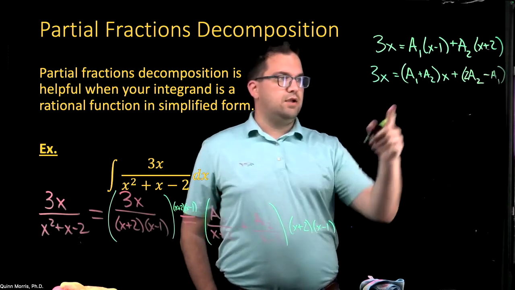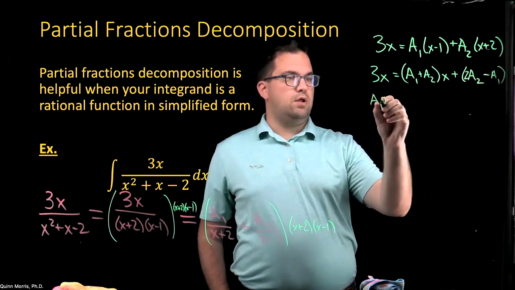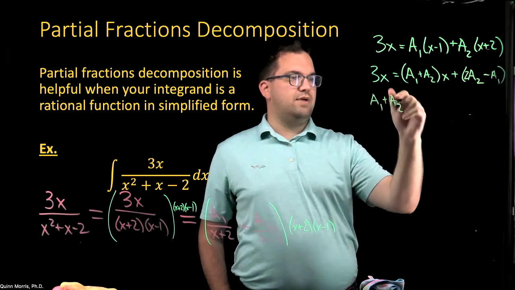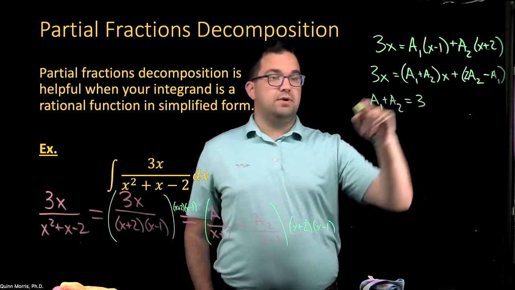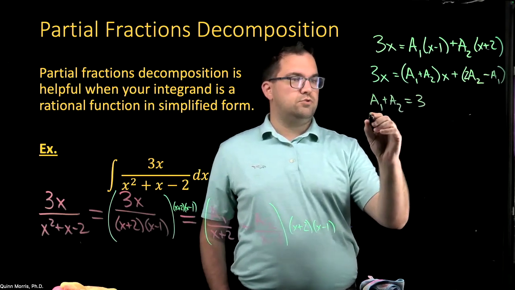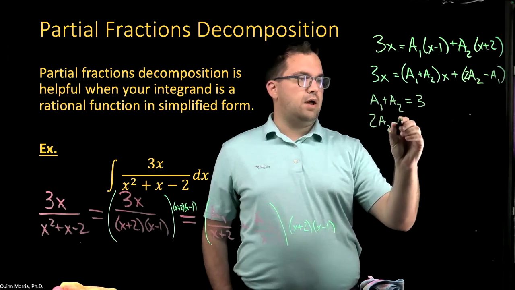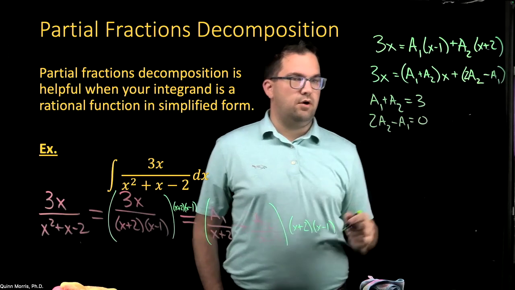So looking here, I see that I should have a1 plus a2, that's my coefficient of x, equal to 3. And then my constant term should be 0 because I don't have a constant term over here. So 2a2 minus a1 should be equal to 0.